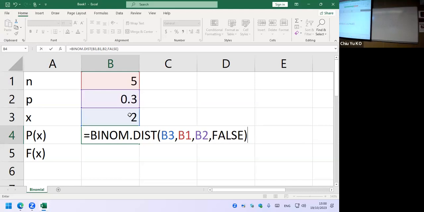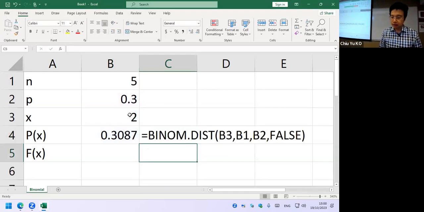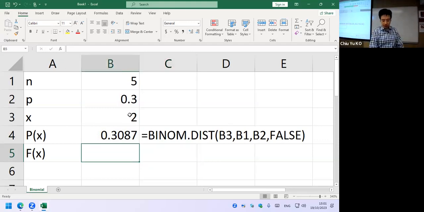You should expect this number. So you put X and P. That's it. The false is just to give you the P.